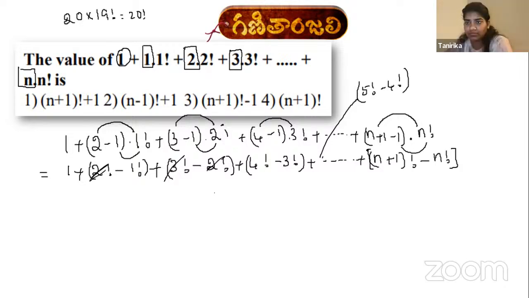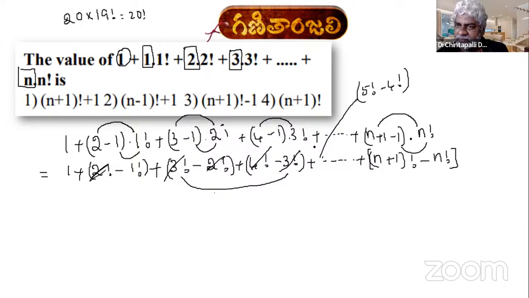What should cancel? The 4 and the 4. 4 factorial cancels. This also cancels with the previous term. This cancels with the next term. Is the next term there or not? Next term is there. So on means there are more terms. So 4 factorial also cancels. The second term cancels with the previous term.